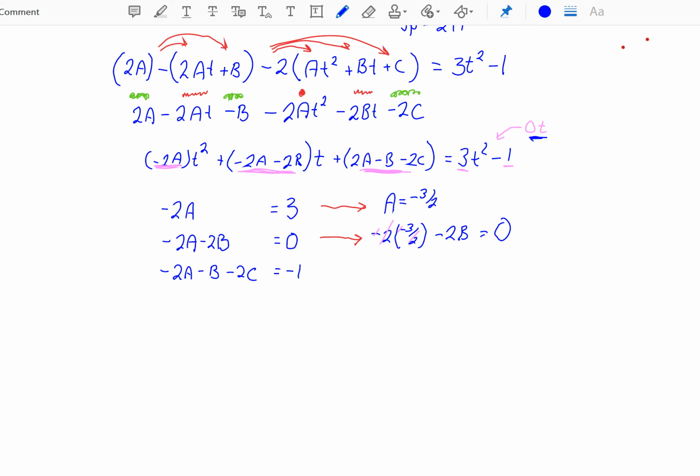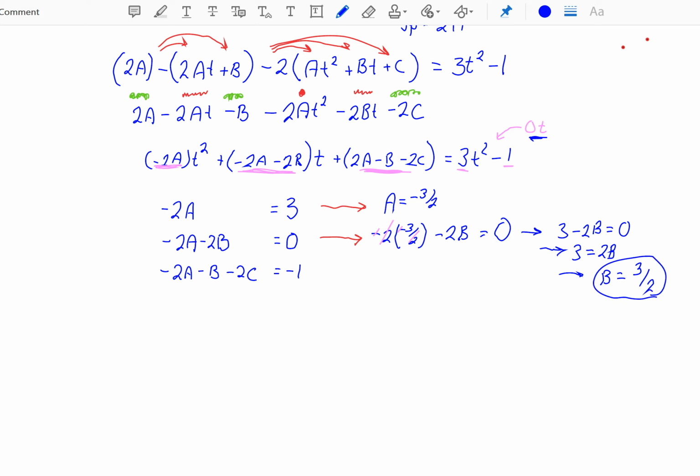So I think we have 3 minus 2b is 0, or 3 is equal to 2b, or maybe say b is just equal to 3 halves.